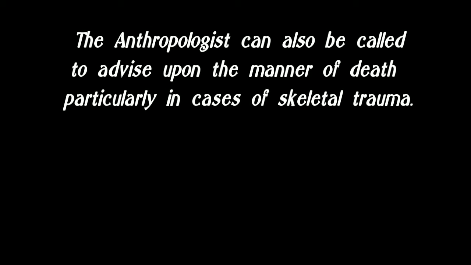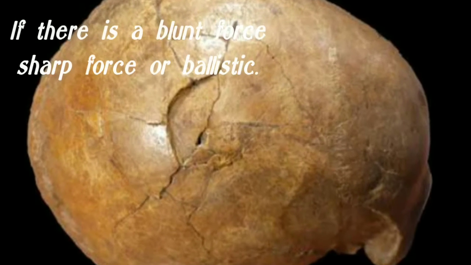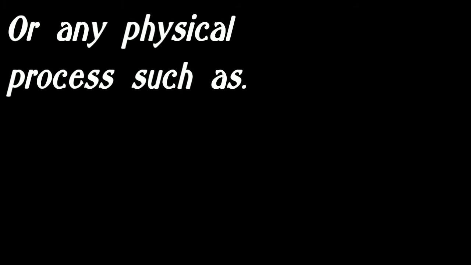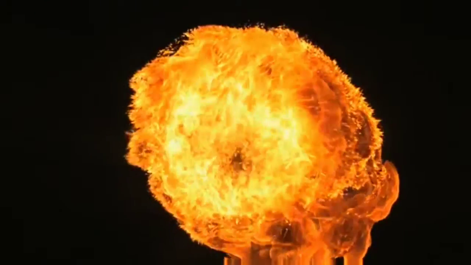The anthropologist can also be called to advise upon the manner of death, particularly in cases of skeletal trauma, if there is a blunt force, sharp force, or ballistic, or any physical process such as burning and explosive damages.